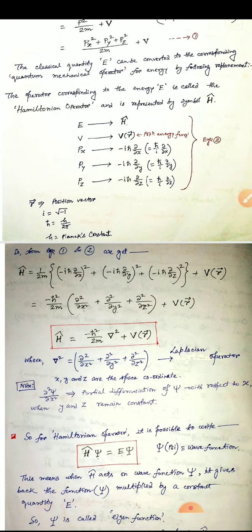So ultimately the equation becomes H = -ħ²/2m ∇² plus the potential energy.